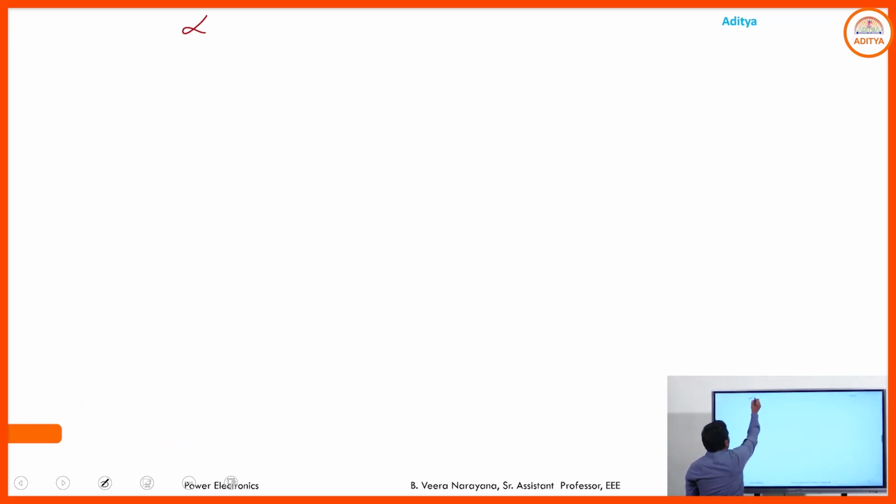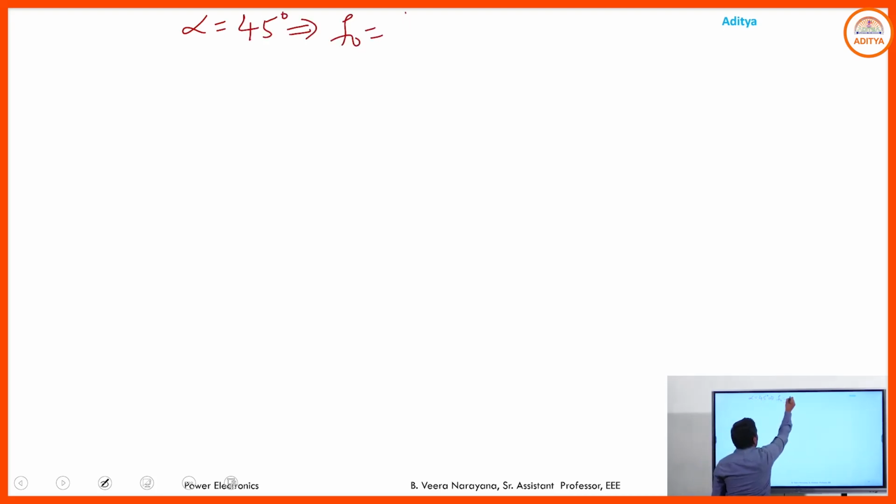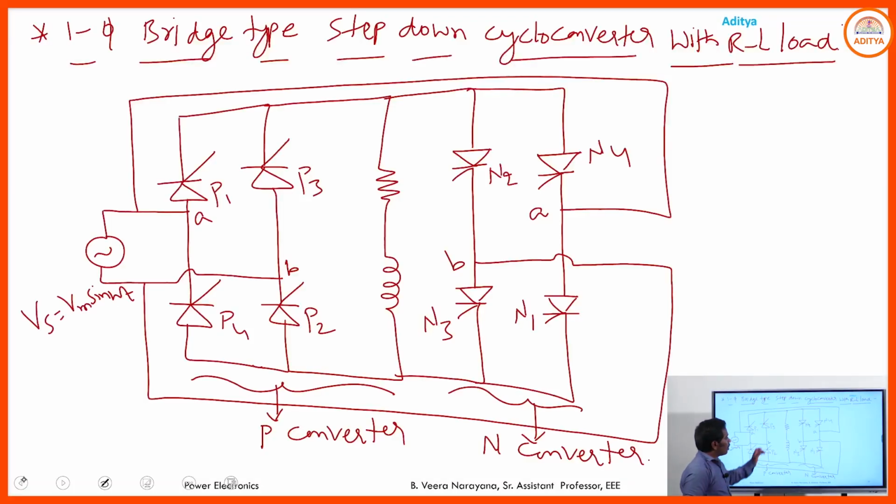Here I just want to collect for alpha equals 45 degrees, and output frequency F0 equals 1 by 3 Fs. And you know, if you have the inductive element in the load side, here R and L, across this you have the output voltage.